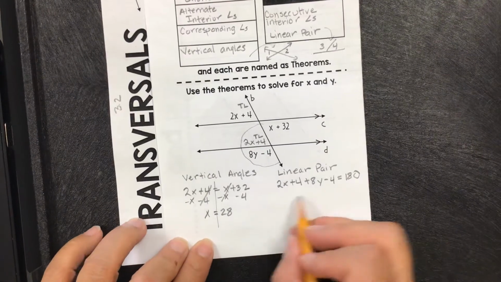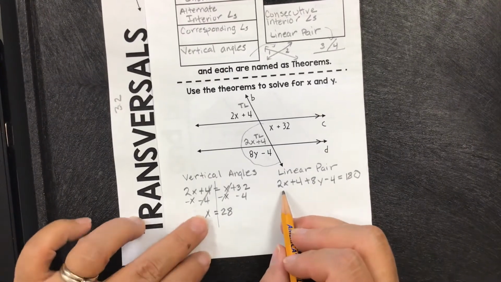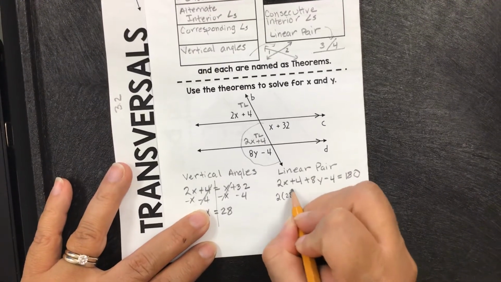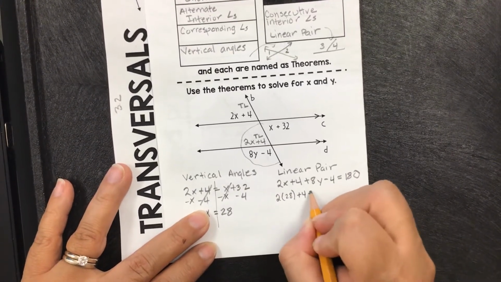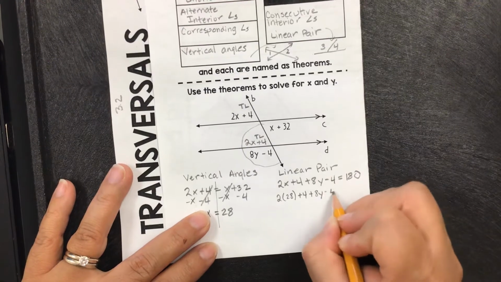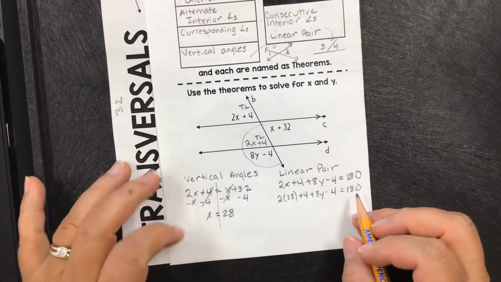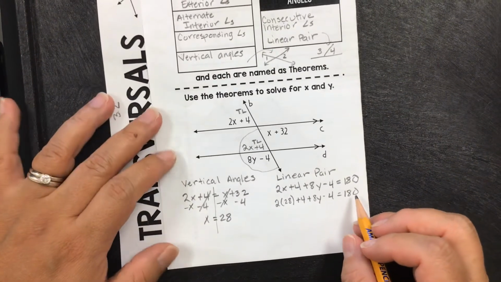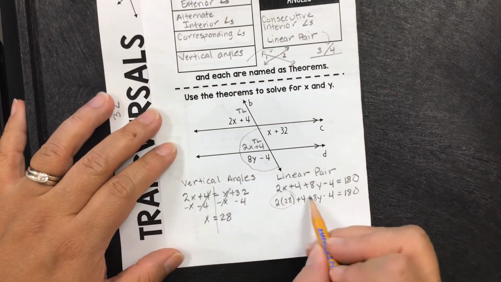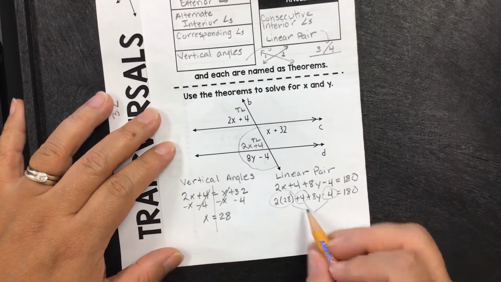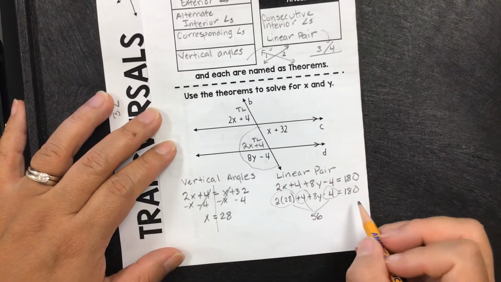Since we have two variables, we have to substitute our x value into this equation. 2 times 28 plus 4 plus 8y minus 4 is equal to 180. What I would do here is combine all the like terms, the ones without the variable. That would be this one, this, and this right here. And when you put them all together, they give you 56.